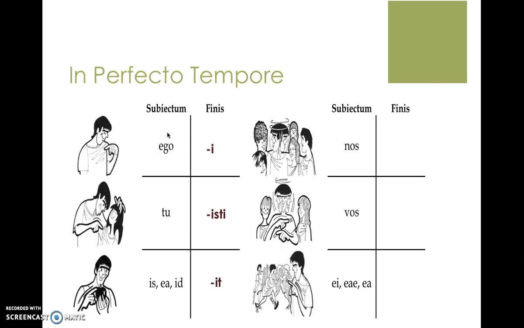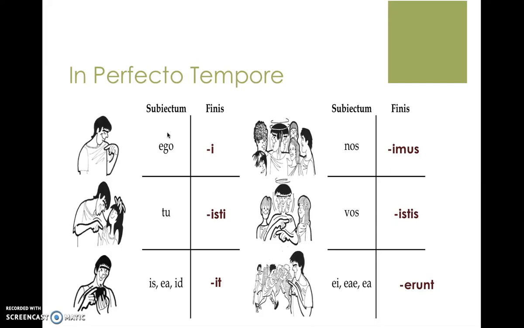To say we, our nos form, it's imus. To say vos, it's similar to the tu form, in that it's istis. And for the they form, it's erunt.